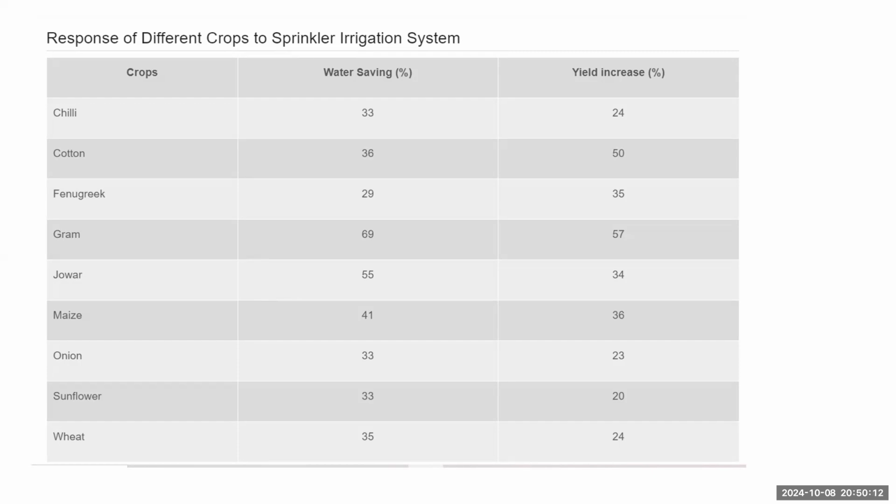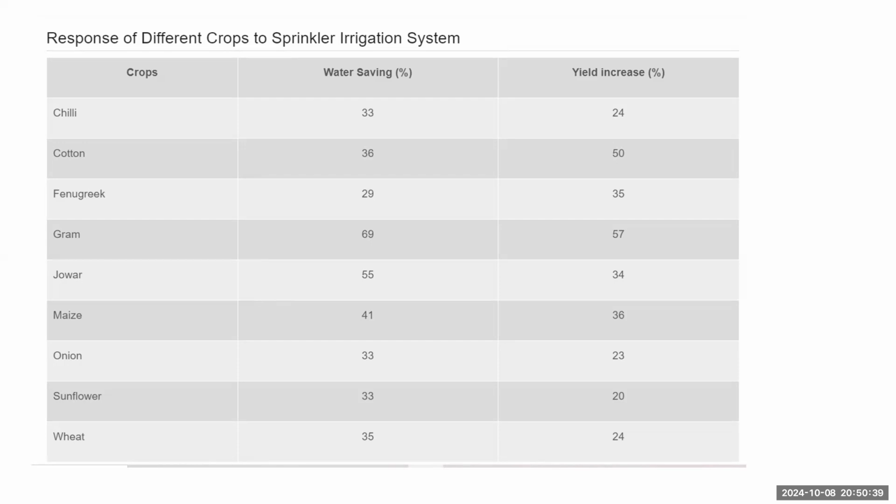Based on the crop, how much water saving is possible by sprinkler irrigation is shown in this particular table. If it is chili, then water saving is 33%. If it is gram, then water saving is up to 69%. So tremendous water saving is possible in the sprinkler irrigation system.